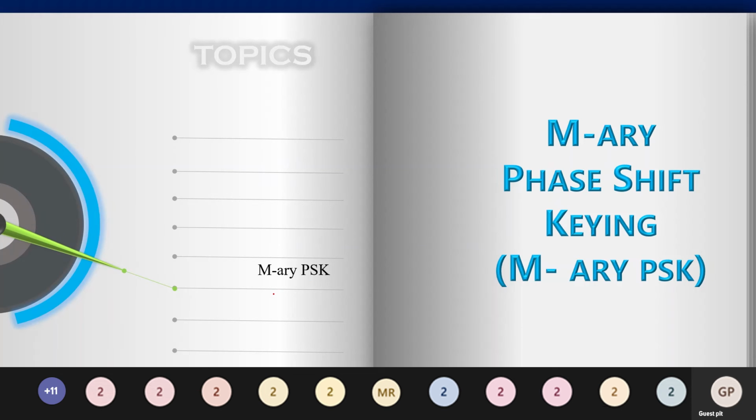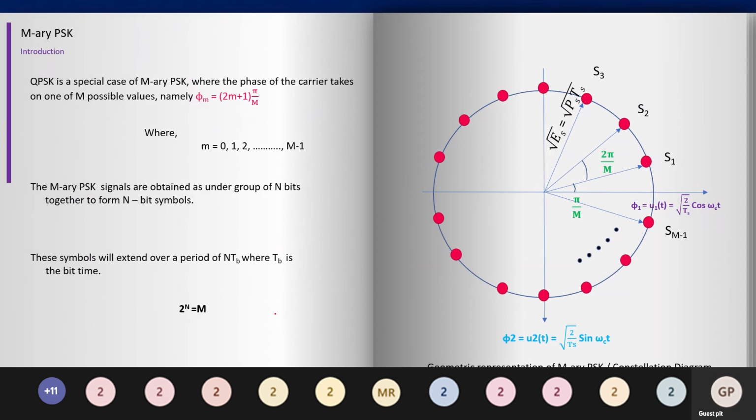That's why it is called M-ary PSK, and the formulas related to M-ary PSK we'll see now. As you can see, QPSK is a special case of M-ary PSK, where in QPSK we have taken pi by 4, right? We got 4 constellation data like 00, 01, 10, 11. But here for M-ary we are going to take the value as M. M ranges with 2 power n.